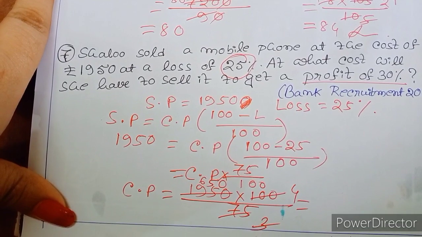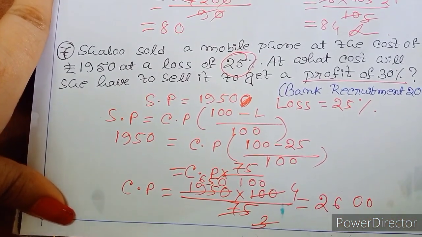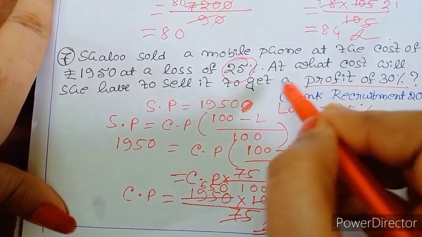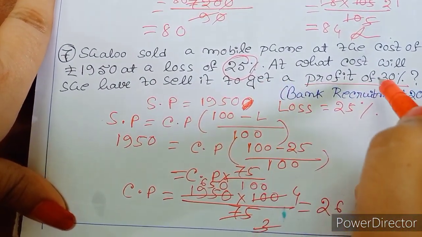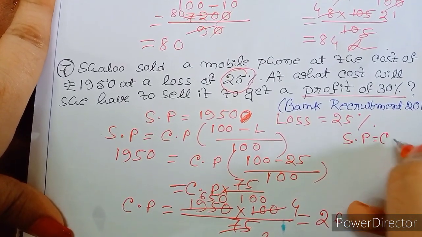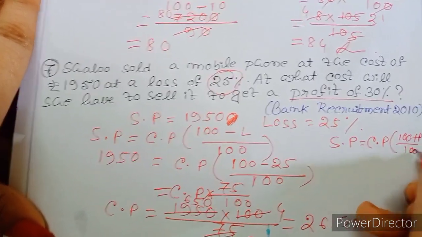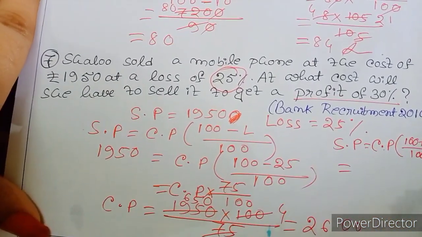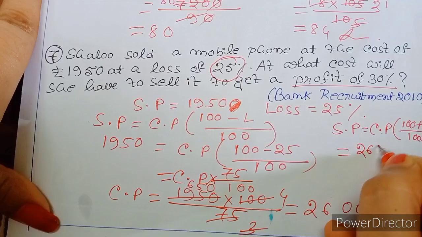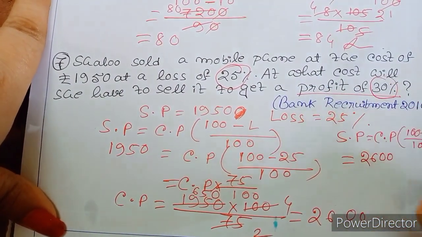So 650 into 4 means 2600. Now to get a profit of 30%, we easily find selling price equal to cost price into 100 plus P by 100. So cost price here is 2600, and profit is 30%.